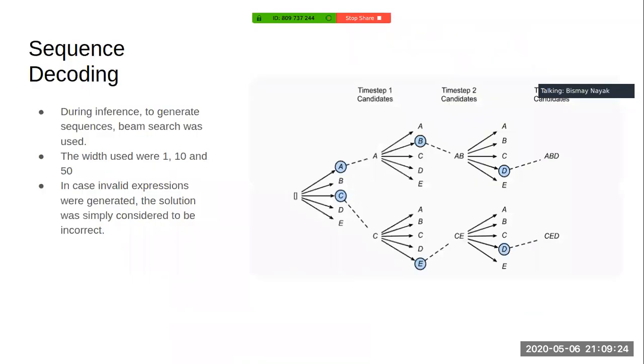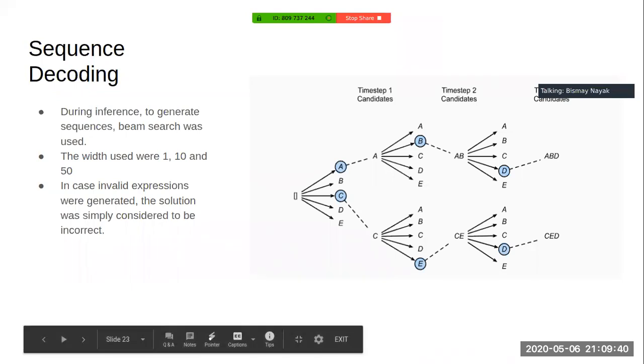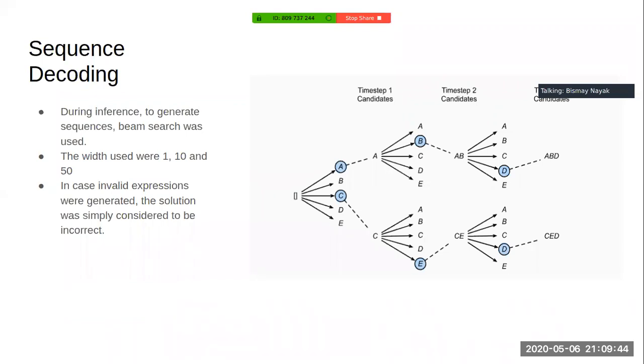So, to decode the sequence that is produced by the transformer, the authors used beam search decoding. What beam search decoding does is, for a particular input, the model wouldn't really create a particular output, right? It will generate one token at a time.